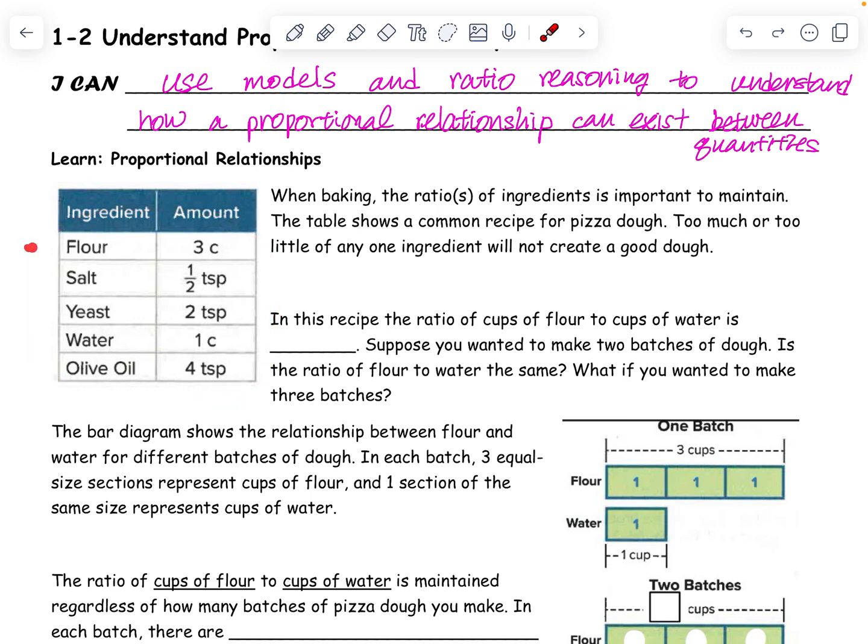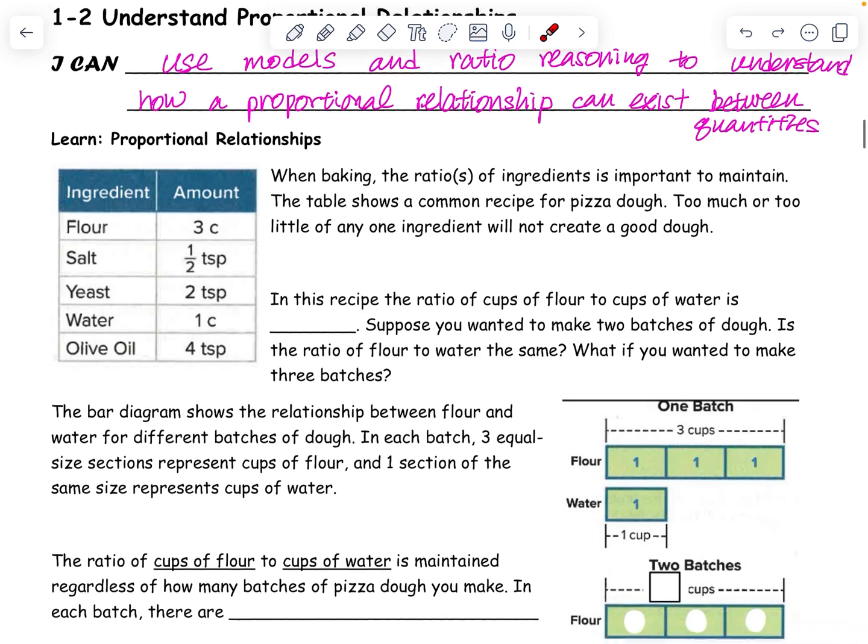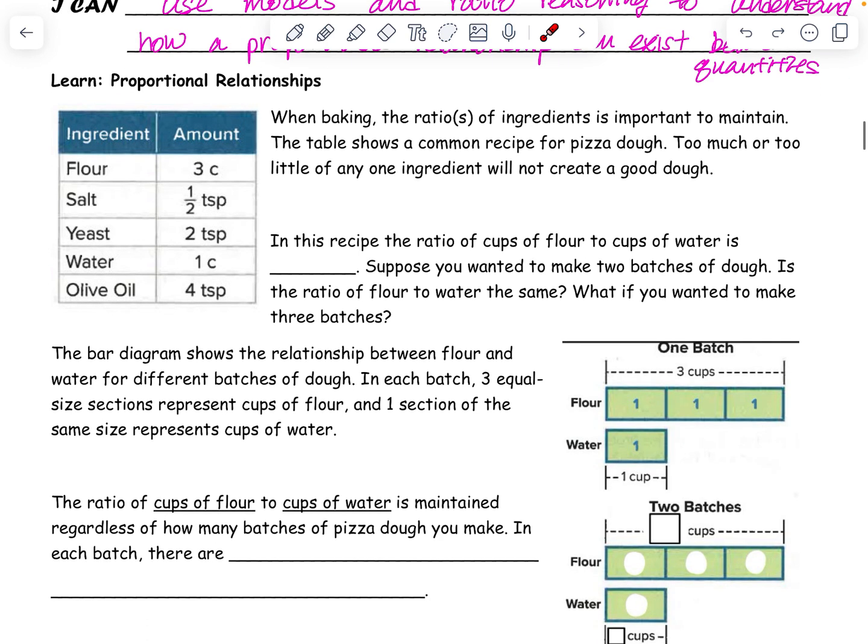If you put too little flour, or too much salt, or too much water, it does not come out very good. So in this recipe, the ratio of cups of flour to cups of water, let's look at this. We have flour right here, and the water right here, is 3 cups to 1 cup.